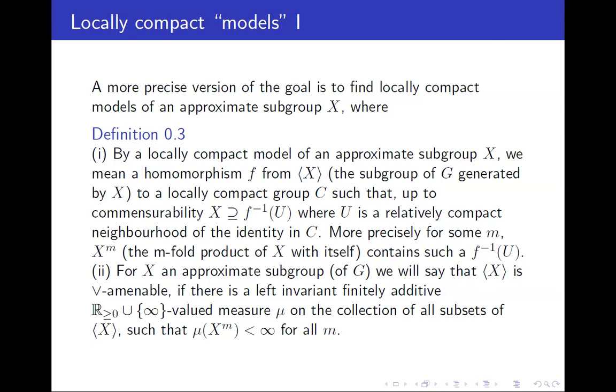We'll say this group is V-amenable if there's a left invariant finitely additive measure with values in the positive reals together with infinity on the collection of all subsets of the group generated by X, which gives, I should say, a typographical error, that the measure of X to the M, the M-fold product of X, is positive and not infinity for all M.